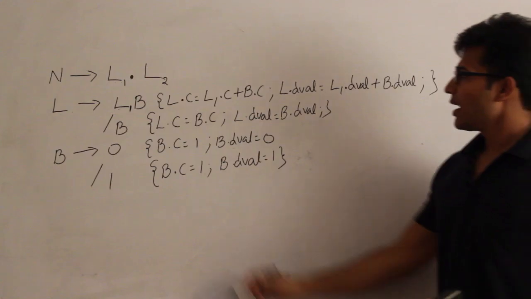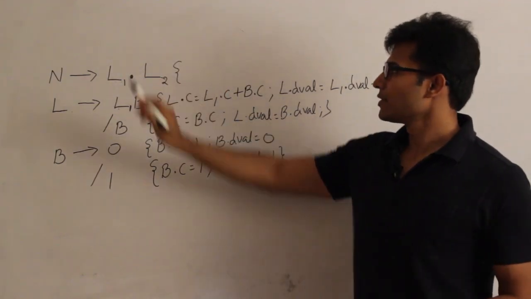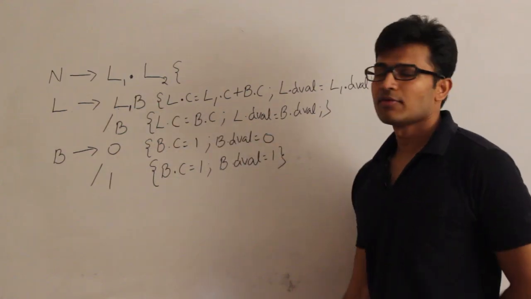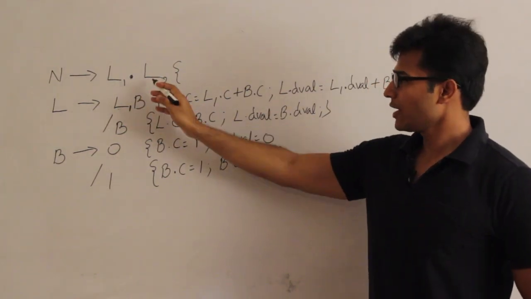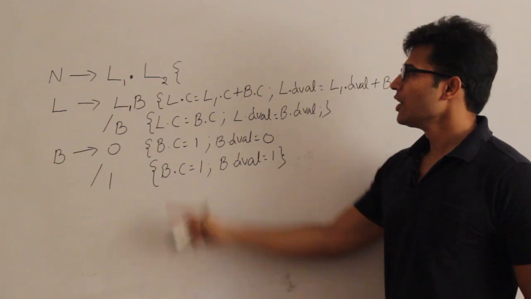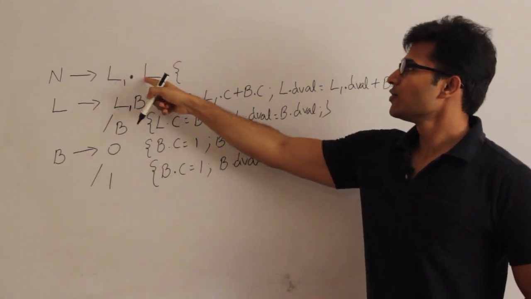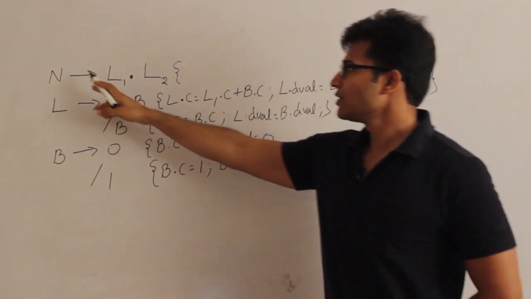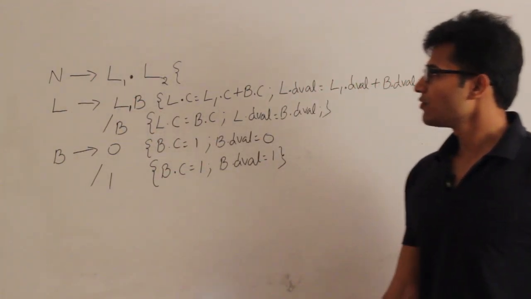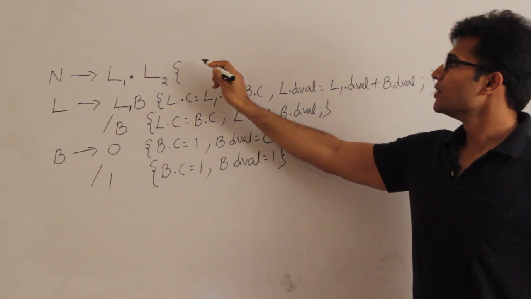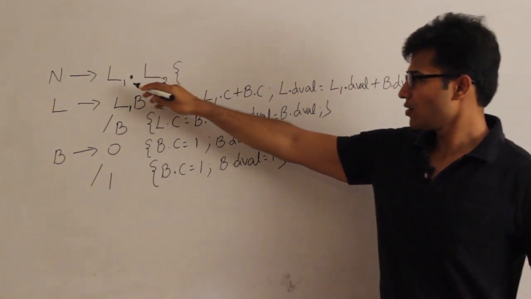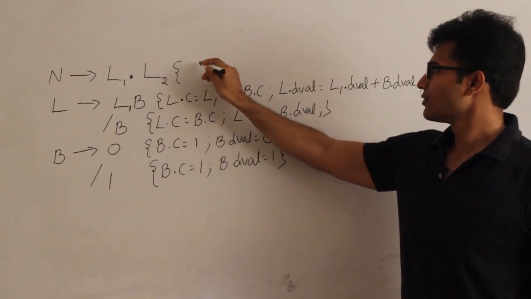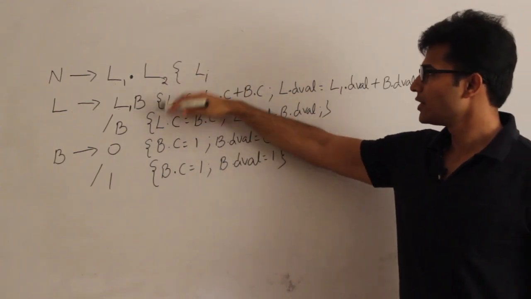Now coming to this number, the number's value is whatever is L1's decimal value, we have to write that one, and for L2's decimal value, you have to take the L2's decimal value and divide it by L2's count. Which means if I have to get the total value of n, first you have to find out L1's decimal value. That is already given, we have already derived it till here.